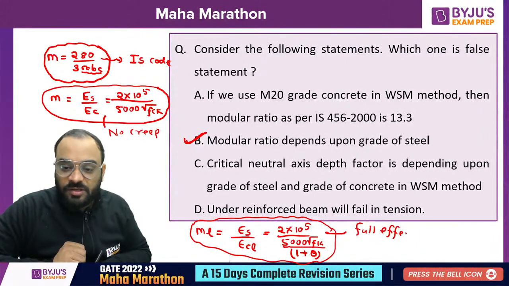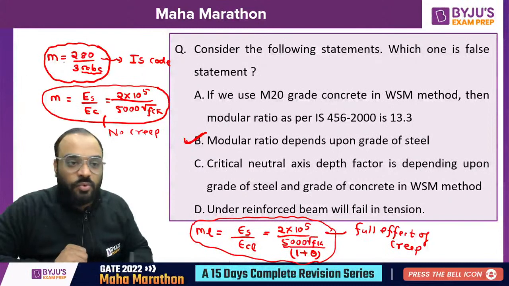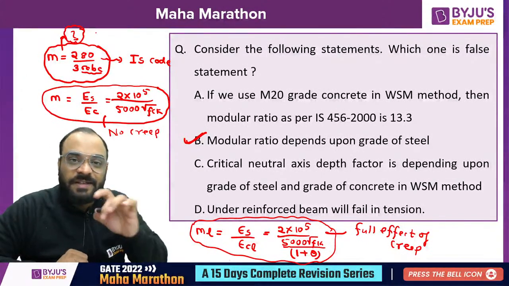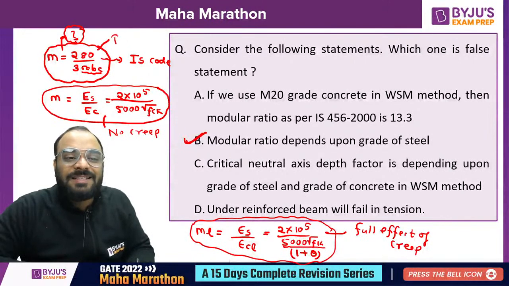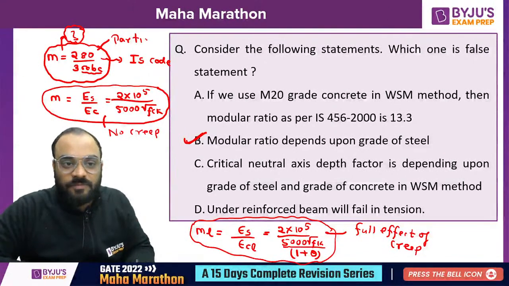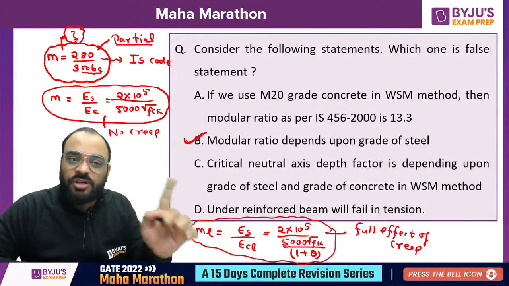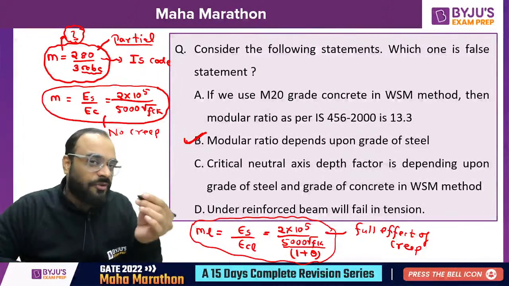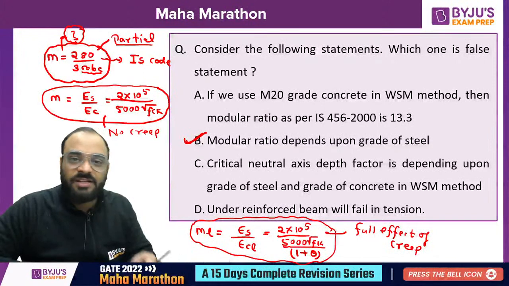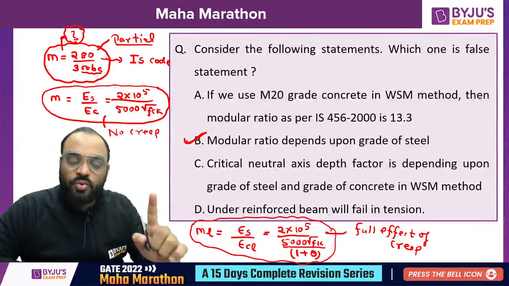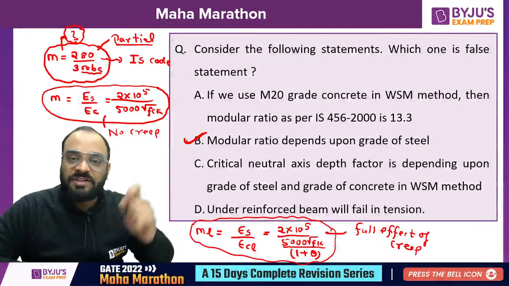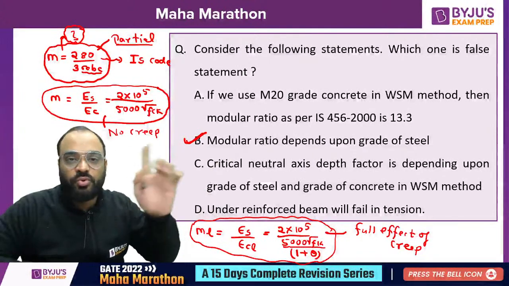Full effect of creep. So what about this one, sir? In this particular case, as per IS 456, they have considered the partial effect of creep. So whenever you are trying to find out the modular ratio for any particular grade of concrete, in case of long term and short term, the value you will get as per IS 456 will be in between those two values.